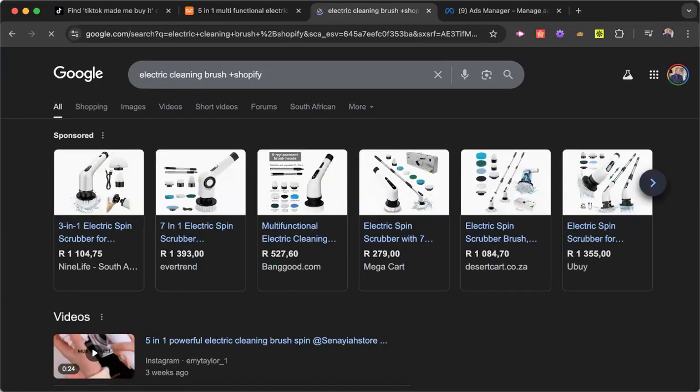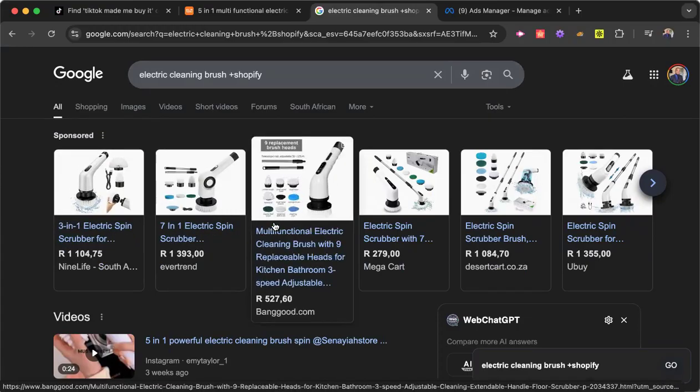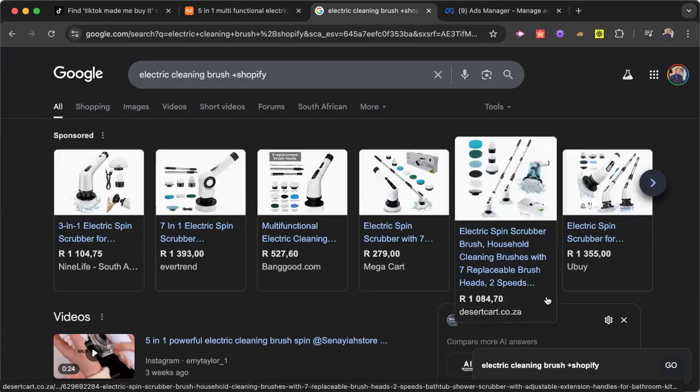Now can you see we get brands: Evertrend at 1,393, 9Life at 1,104, a 3-in-1, and all these products I guarantee you we can find on Temu. 527, Mega Cards 279, Desert 1,800 and 1,084 Rand.